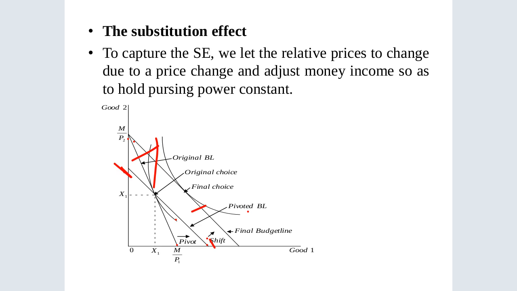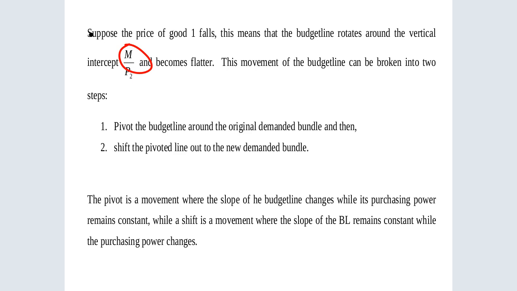So in simple terms, when we have a substitution effect, the budget line simply pivots. And when we have an income effect, the budget line simply shifts outwards or inwards. Like in this case, the budget line has shifted outwards because of the change in the purchasing power.